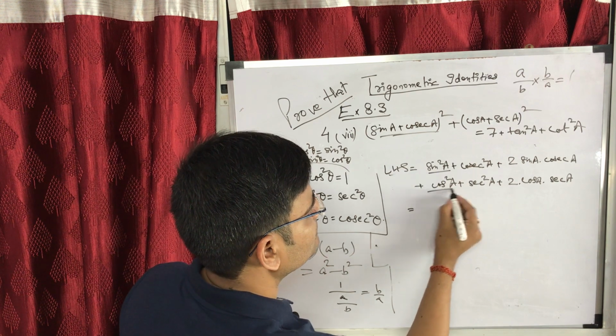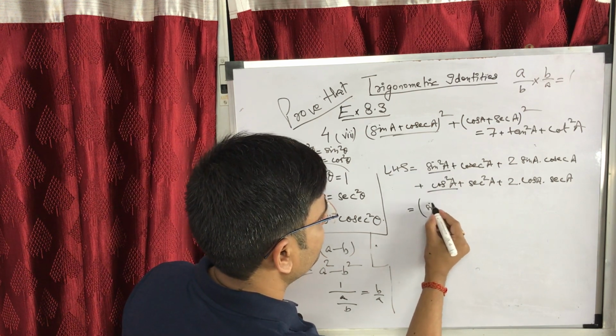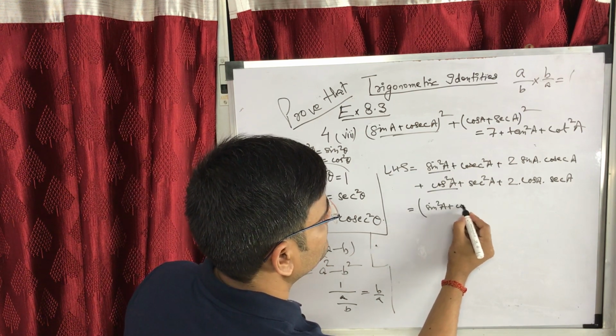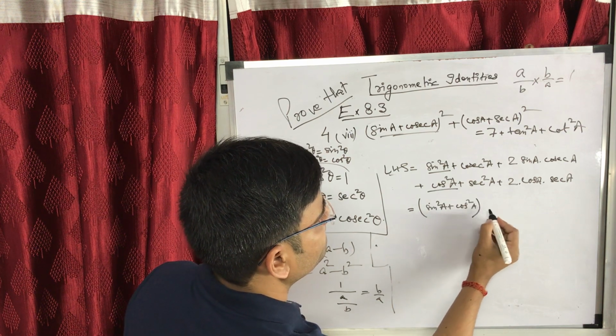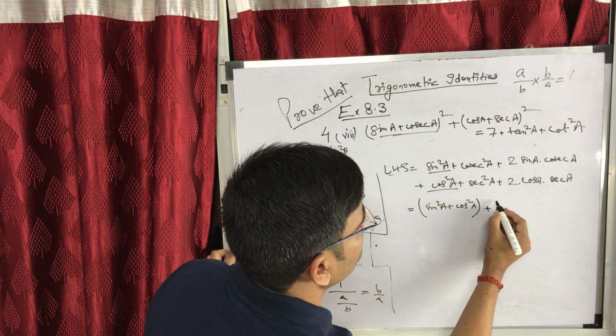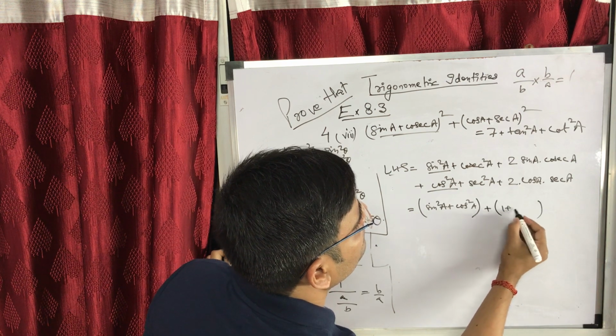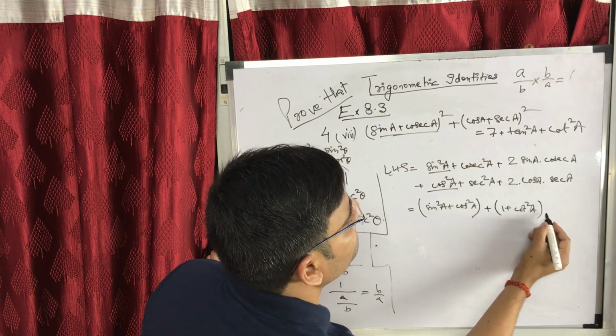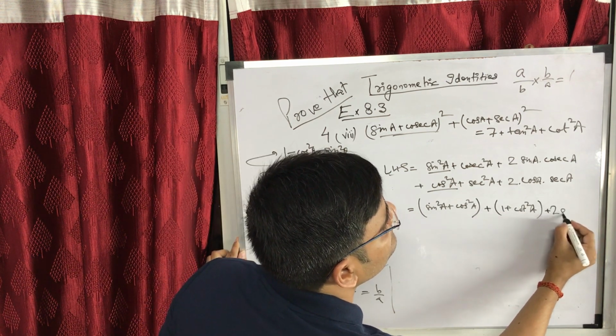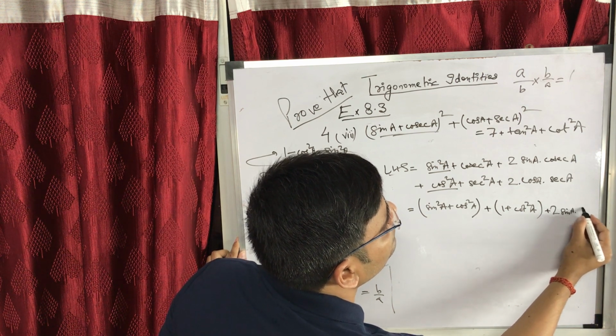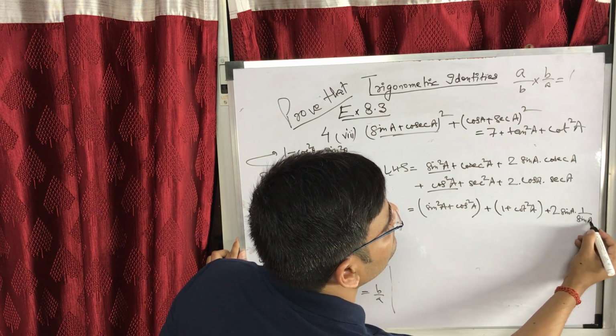Sin square A plus cos square A, group them together, that is 1. Cosec square A is 1 plus cot square A, and this is 2 sin A into 1 by sin A, right? They are reciprocals of each other.